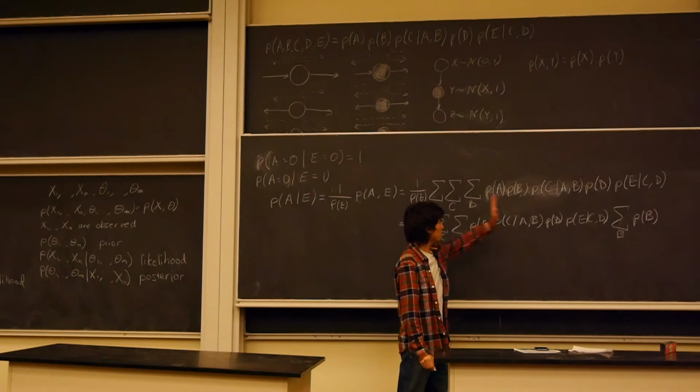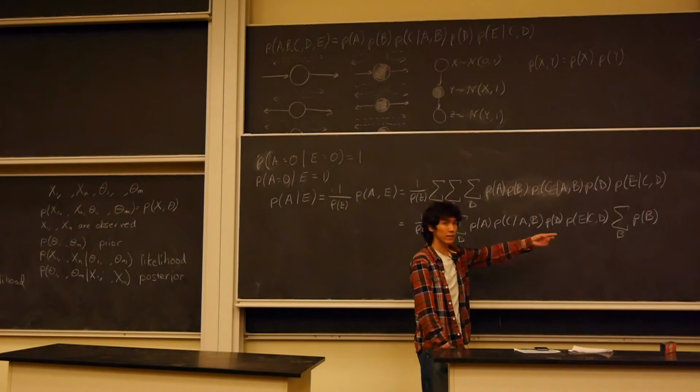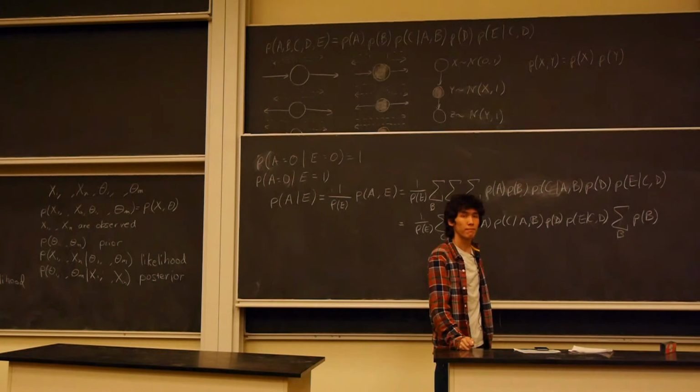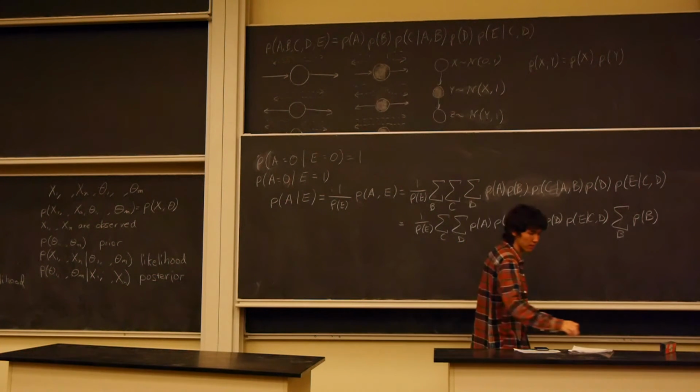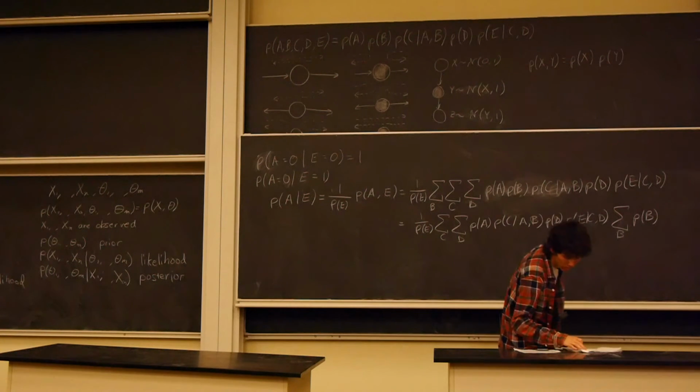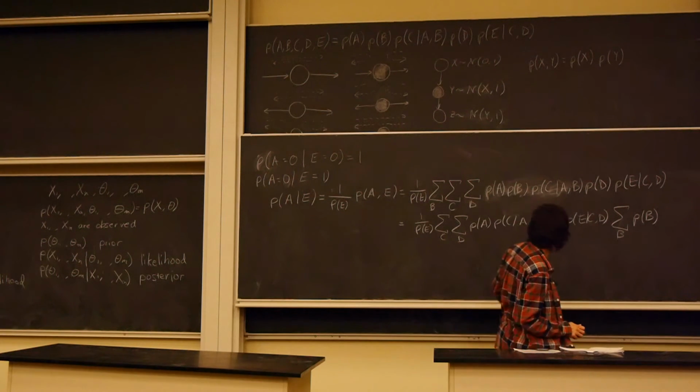So I just move the B sum all the way to the right-hand side. Given P of C, given AB is still... Because it also... Oh, you're right.